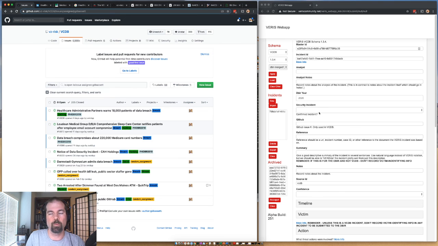We count them against organizations because we've talked before about how we only record breaches against organizations. Even if a bot breaches my personal account, that may be a breach of me, but if it breaches a set of credentials that are then used to log into my bank account or my cloud services account, that then becomes the problem of the organization.